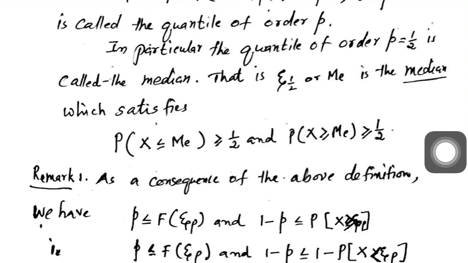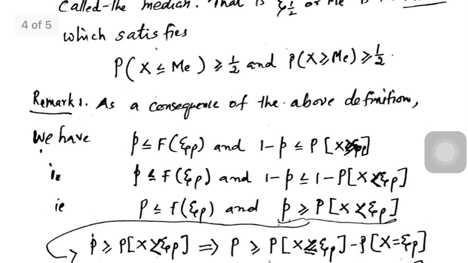Okay, now we can see a very important remark associated with this definition. For this definition, generally we can have a very nice expression for defining the pth order quantile. The probability that X less than or equal to the quantile means F of the quantile.